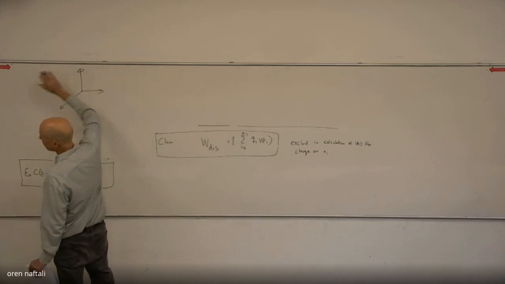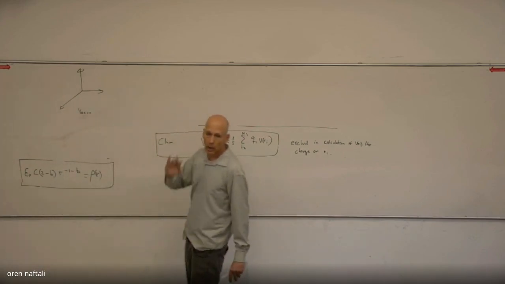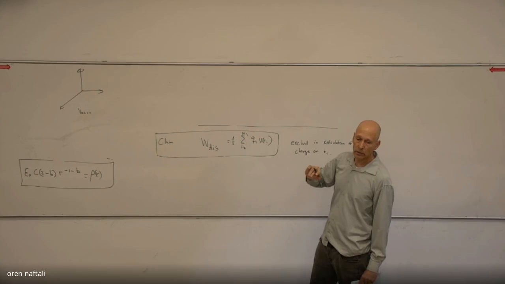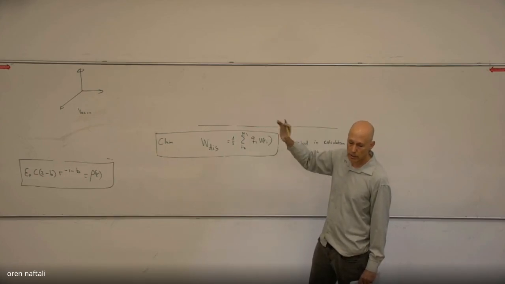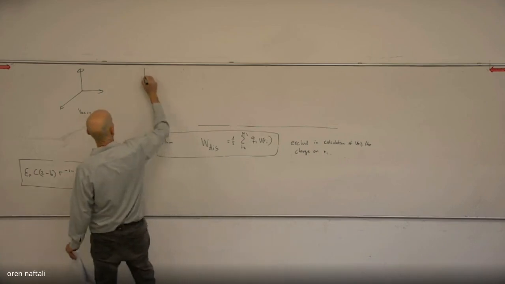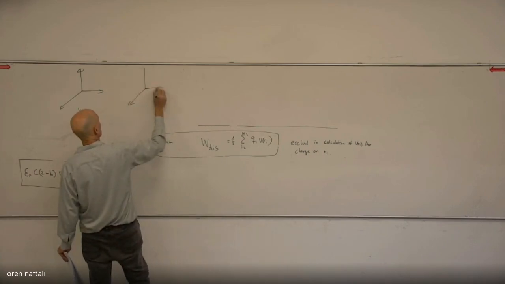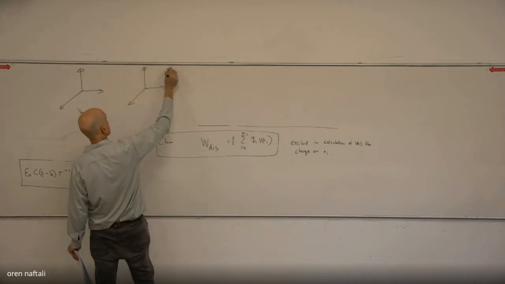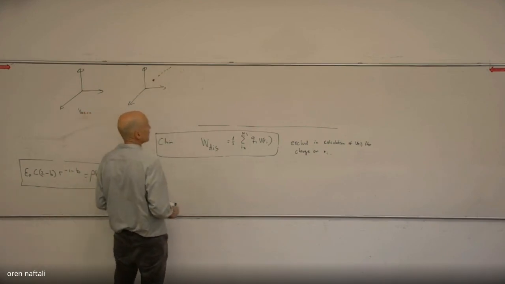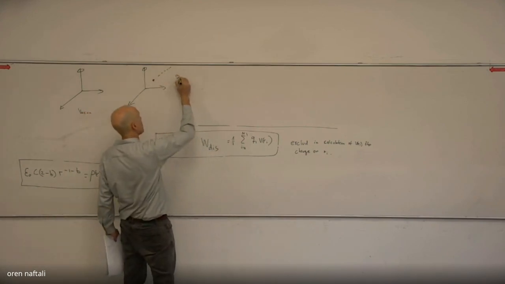One of them is here and one of them here, far away at infinity. They are not interacting there. So the energy here is at the beginning is 0. Now I have one of them and I bring it from infinity. So this guy came and I put it someplace. I bring it from infinity.